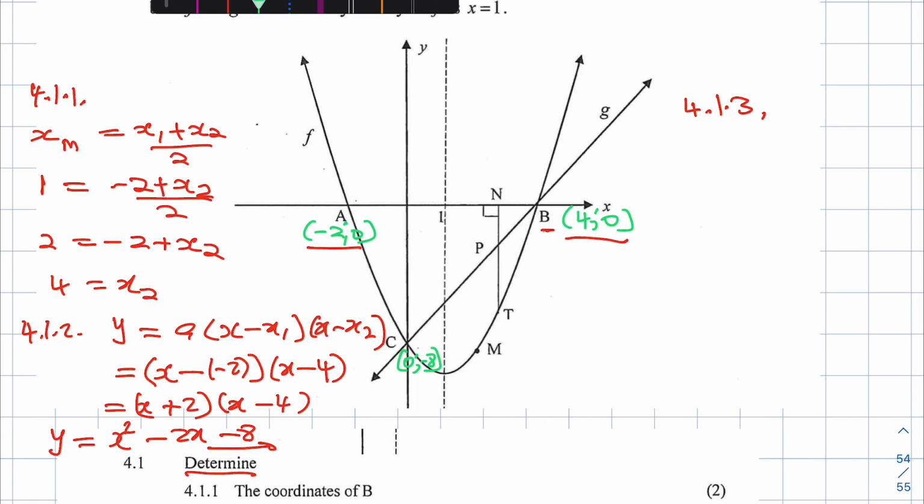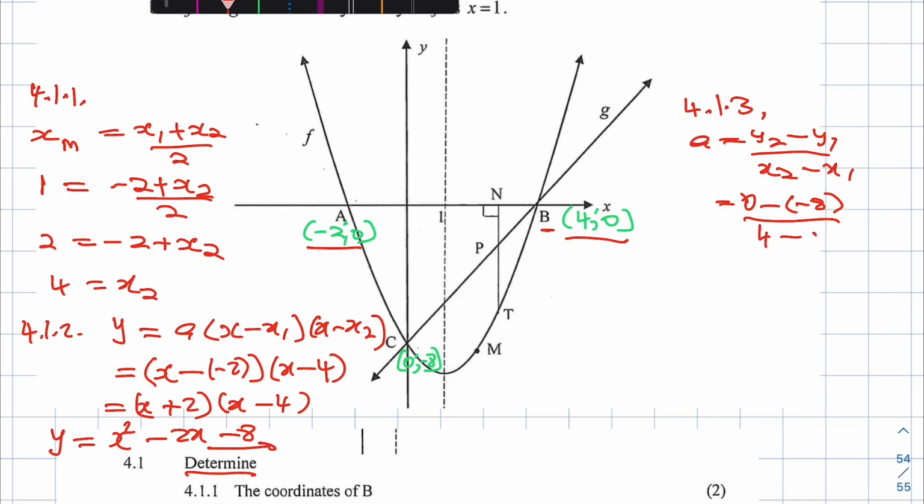Okay, then you will have the gradient to get a, so that will be y2 minus y1 over x2 minus x1. And then I can use this as y2, that is y1. So it's 0 minus -8 over x2, that is 4 minus 0.